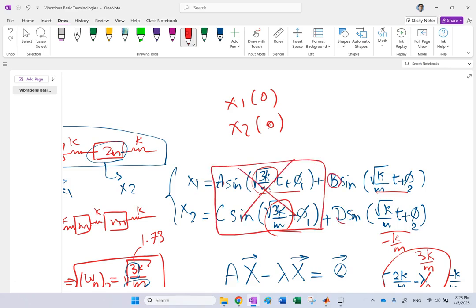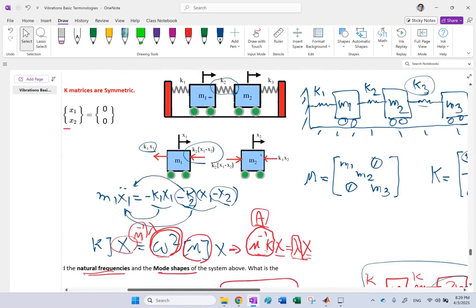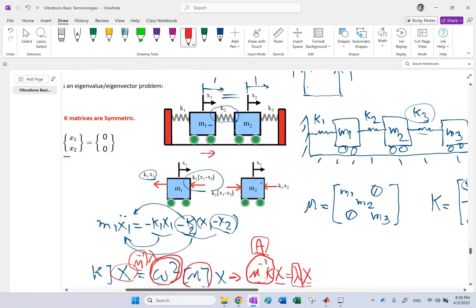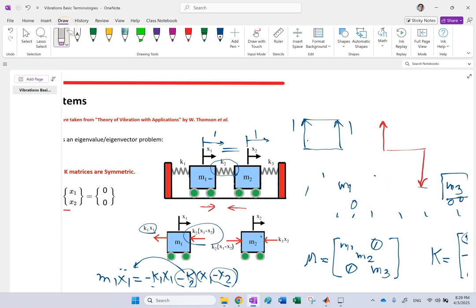I only have B and D. The relation between B and D is 1 and negative 1. So if this is kind of like B, this could be like negative B. What does that mean? It means that if this guy moves forward, this guy moves with the same amount backward, okay? So in this case, this one goes 1, this other side goes negative 1, okay? Well, what does that mean?